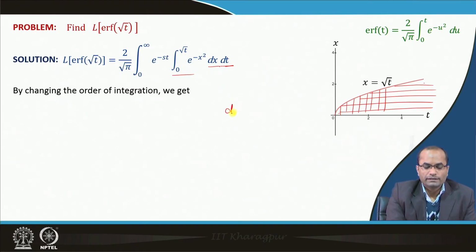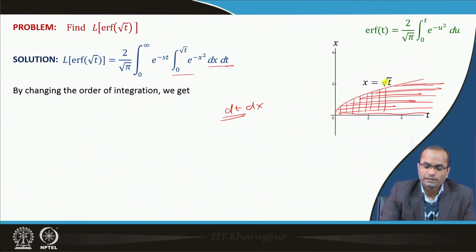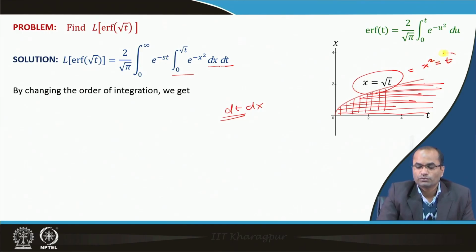Now, we will write in dt dx form, that means first with respect to t. So that will go from this graph to infinity. So x is equal to square root t, which is nothing but x square is equal to t.